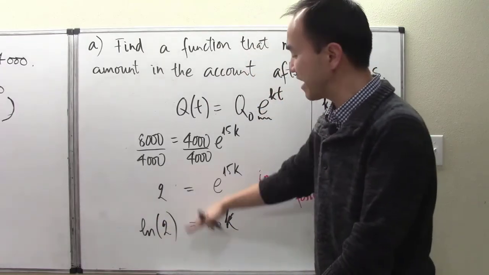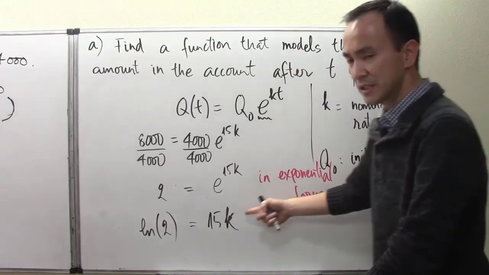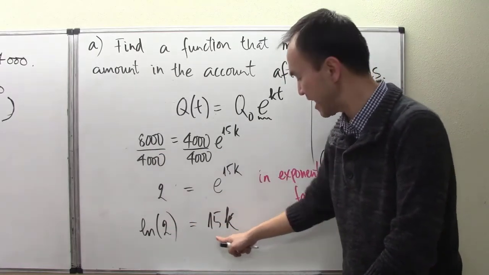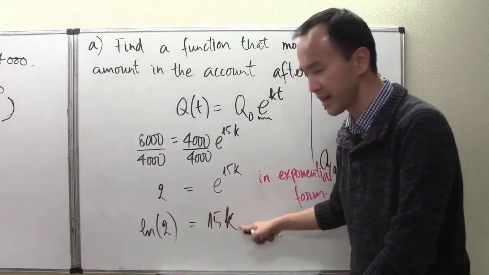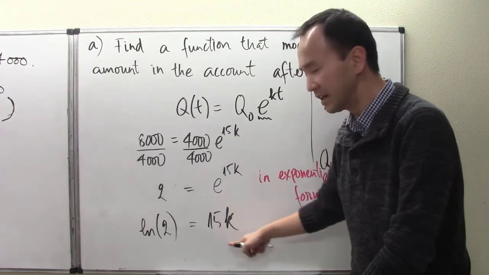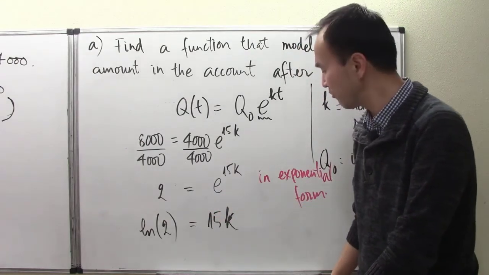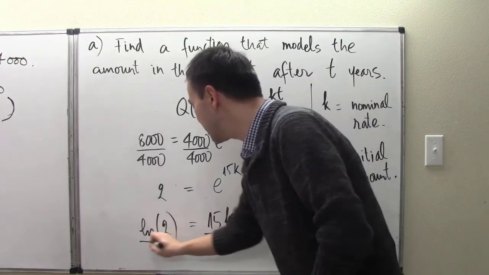But now after we have successfully put our equation from exponential form to logarithmic form, we are ready to solve for k, because let's have a look at the right-hand side here. The right-hand side is simply a linear expression of the k variable, our unknown. So now I'm going to divide both sides by 15.